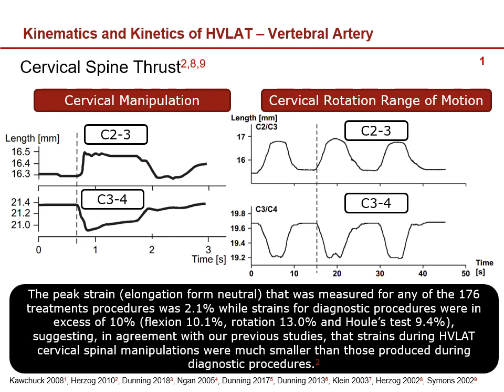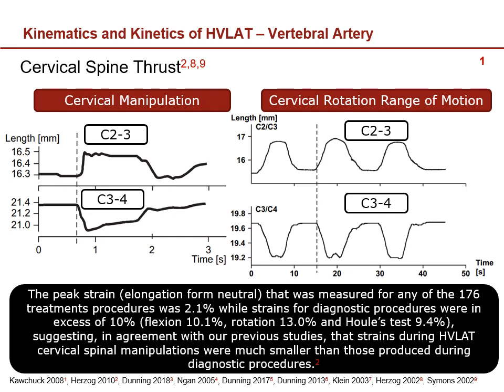What you can see is that the amount of displacement, or change in length, of the vertebral artery for the manipulation, regardless of what segment you're looking at, is between 0.2 and 0.4 millimeters, versus the actual cervical rotation, where the amplitude ranges between 0.6 and as much as 1.5 for C2, C3.